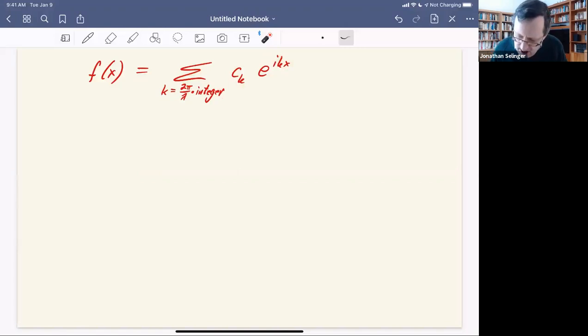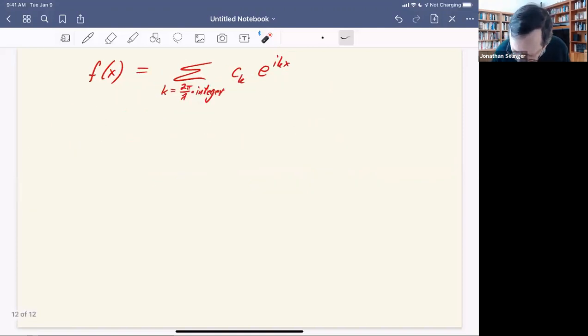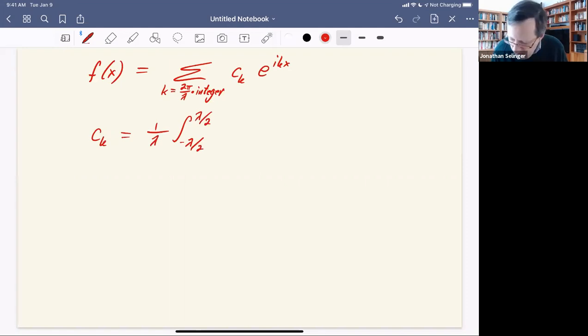Then I can put in what the c sub k's are that are allowed, from this kind of equation. c sub k is 1 over lambda integral from minus lambda over 2 to lambda over 2 of f of x e to the minus ikx dx.